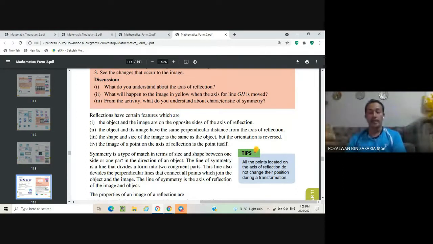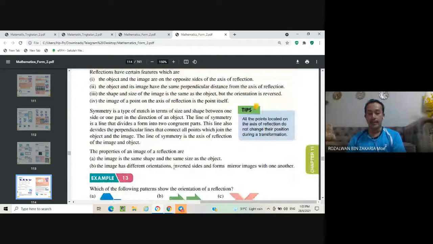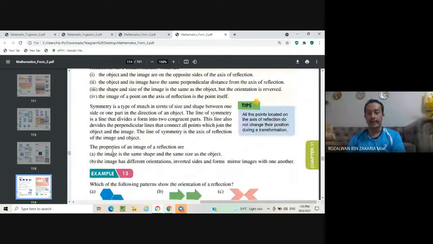Okay, symmetry is a type of match in terms of size and shape between one side and the other part in the direction of an object. The line of symmetry is a line that divides a form into two congruent parts.